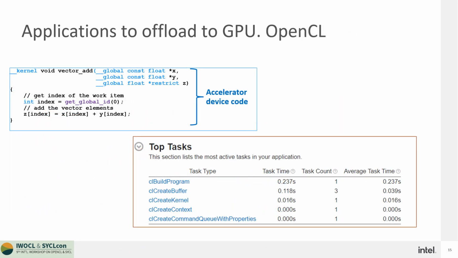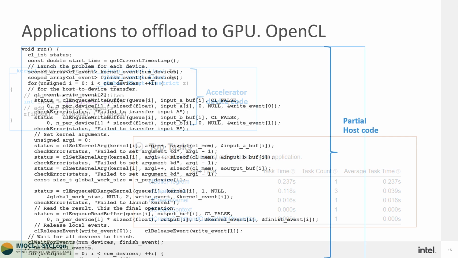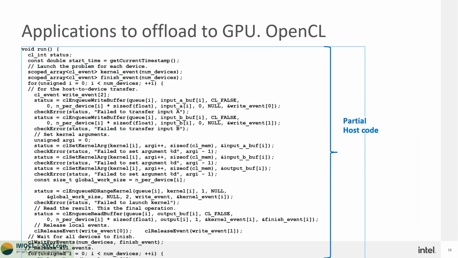In OpenCL applications, kernel source code is usually separated from the host code. Anyway, VTune presents the tasks as OpenCL tasks, analyzed separately as if it was done in SYCL DPC++ applications. Of course, the rest of the host code will be analyzed on CPU if it's relevant for the current analysis.